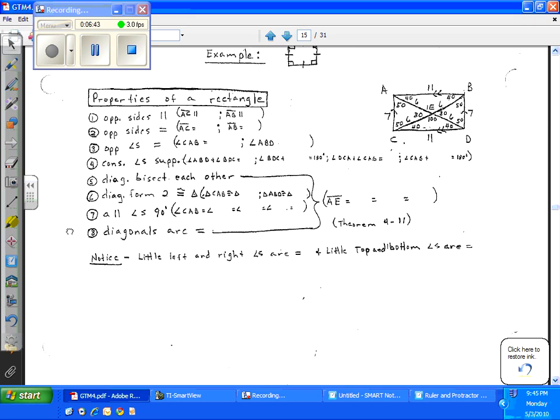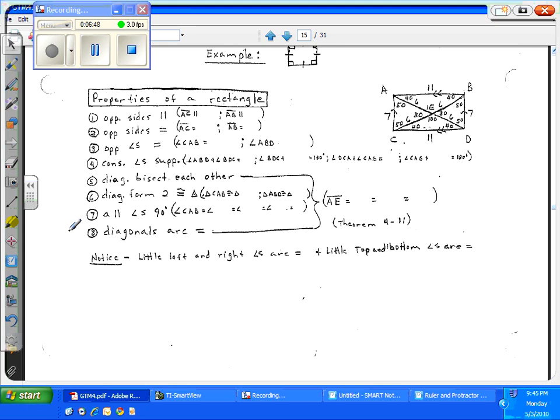Another thing that is true on a rectangle is that the diagonals are equal. Now, we already know that the diagonals bisect each other, and that a diagonal forms a pair of congruent triangles.